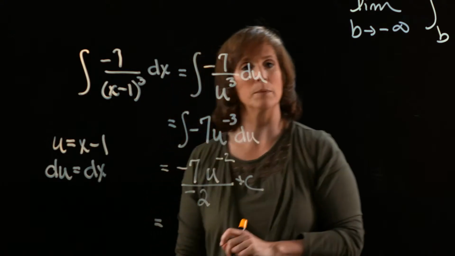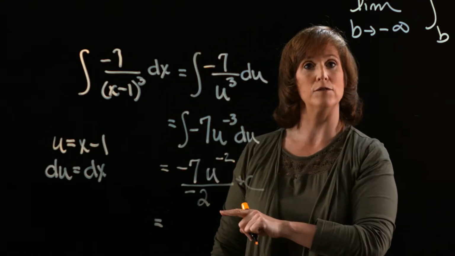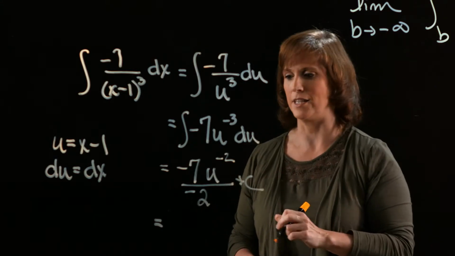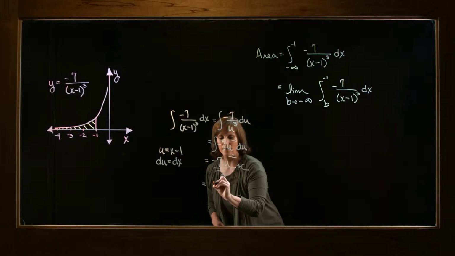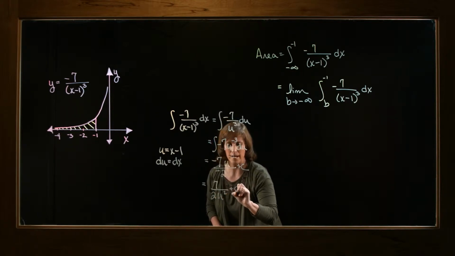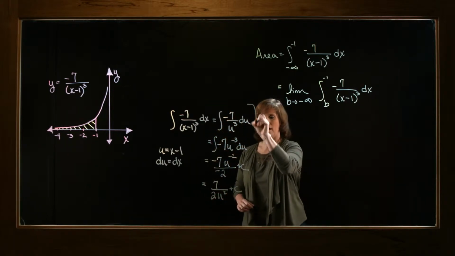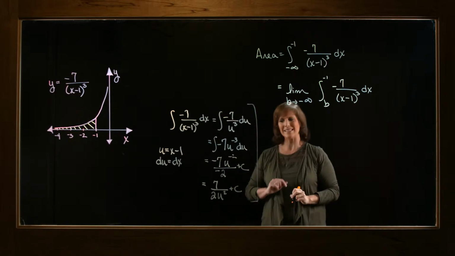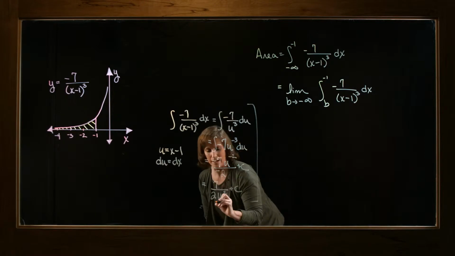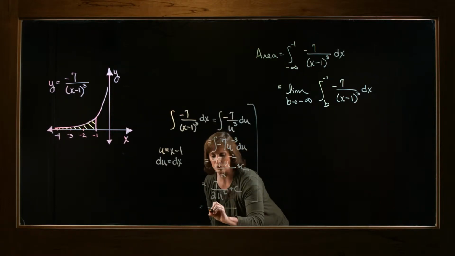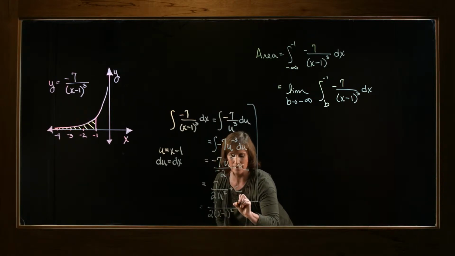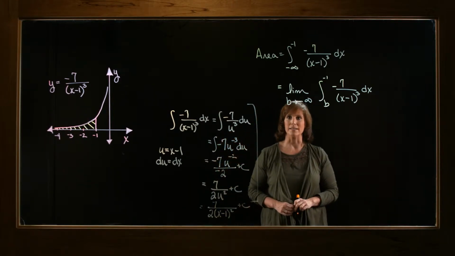Okay, a little more simplifying here. -7 over -2, I can write that as a positive 7/2, and I can also pull that u down into the denominator. So I'll have 7 all over 2u squared plus my constant. Oh, one last thing. We need to get our x's back. So I'm going to have 7 all over 2 times the quantity x minus 1 squared plus my constant.